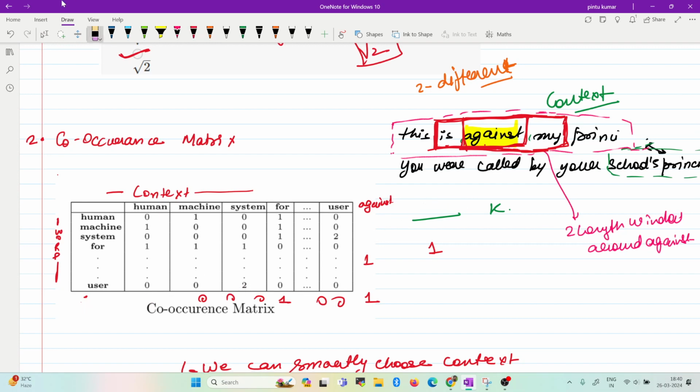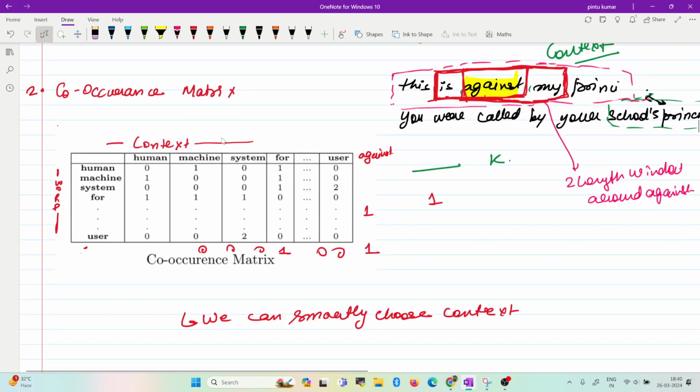In the first example that I gave you, you had an equal number of contexts and words. So for every word, you checked its co-occurrence with every other word. If you had n words in your vocabulary, then this matrix would be n cross n, and if n is large, this matrix would be very large.